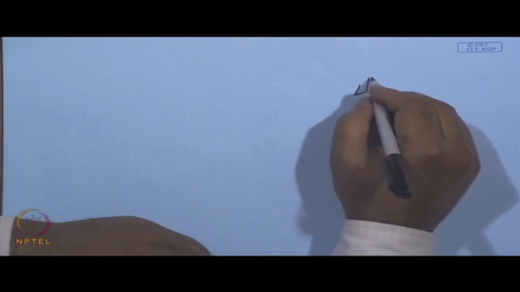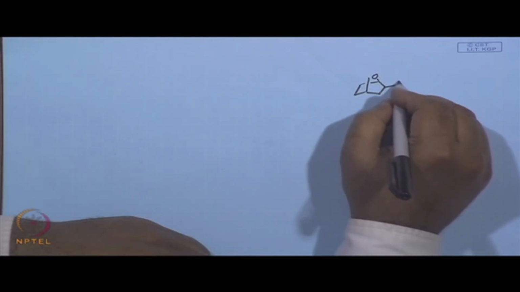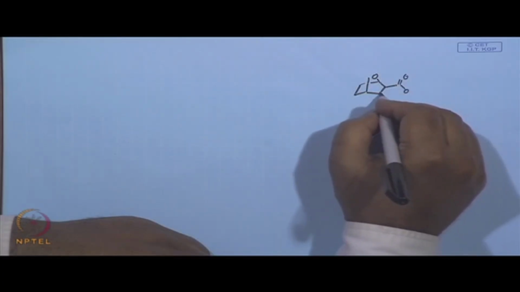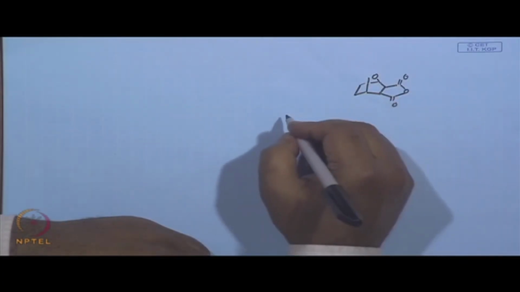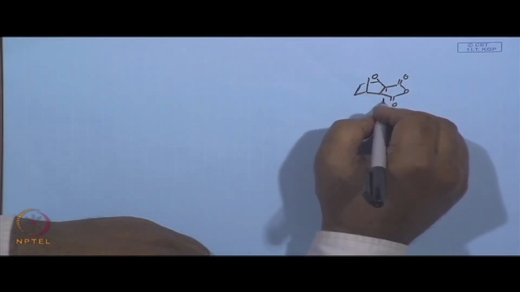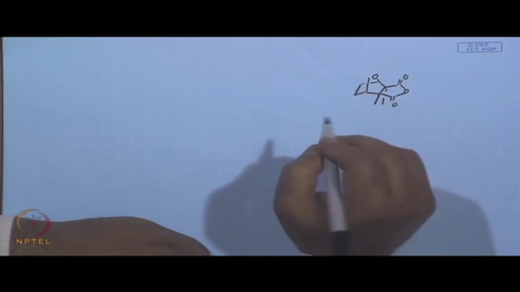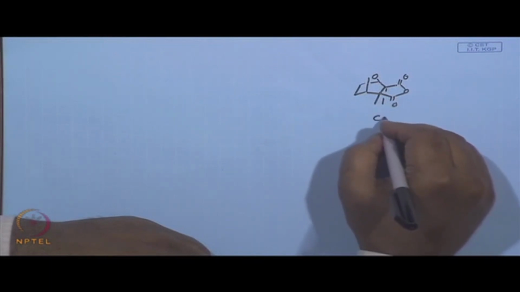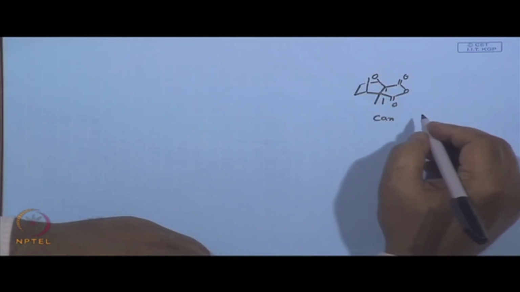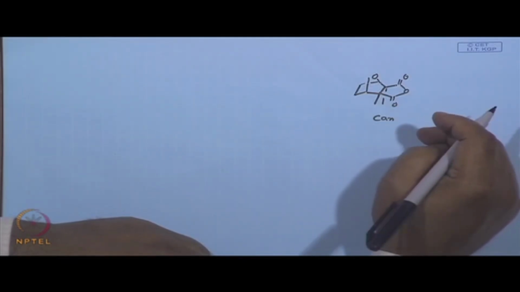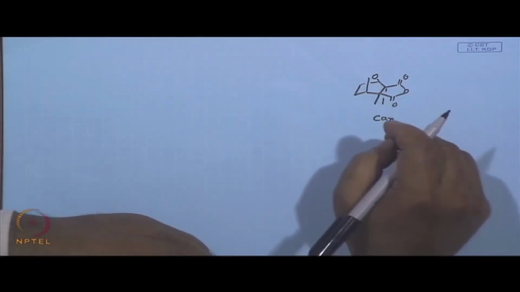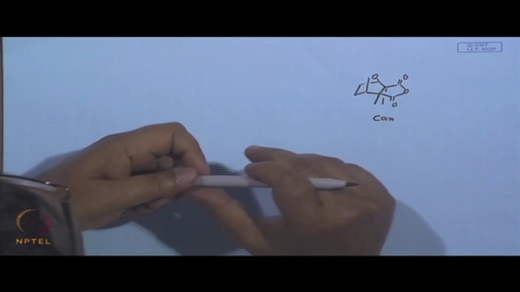The structure looks very simple, right? That is it. Then this is a natural product obtained from beetles. Okay. Beetles, I think all of you know what it is, right? An insect. Have you seen it?